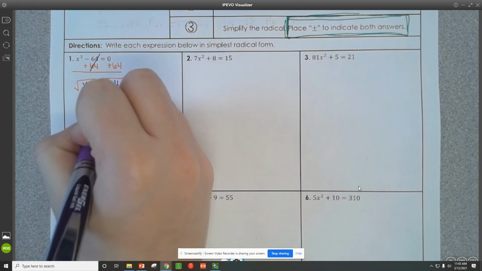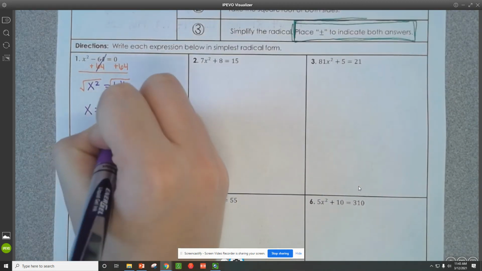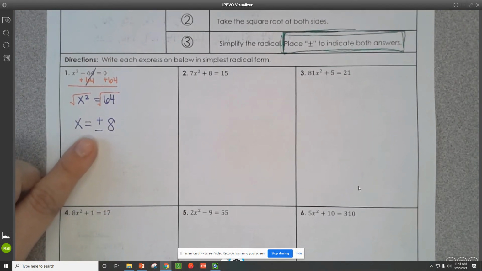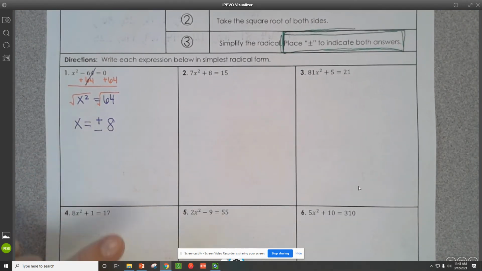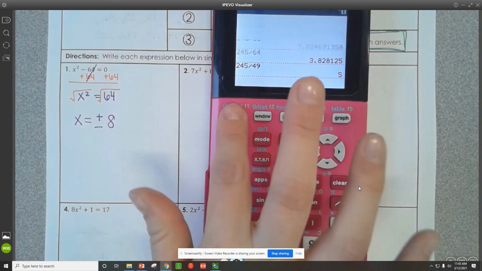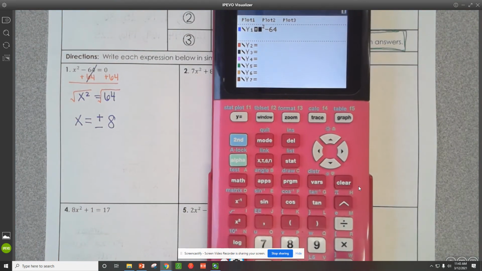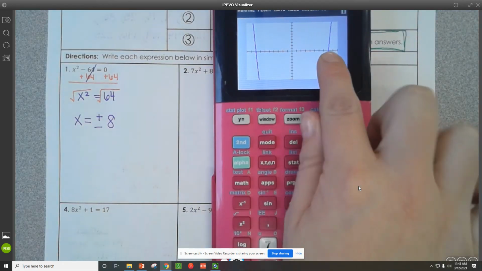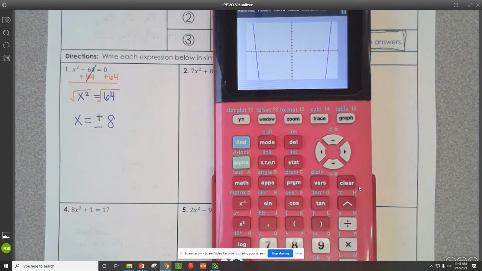But we need to have positive 8 and negative 8. Now you can write it with the plus or minus, or you could write 8, comma, negative 8. So let me show you why we have to do that. It's because when we're actually talking about a parabola, that parabola crosses at negative 8 and positive 8. So that's why we have to include both.